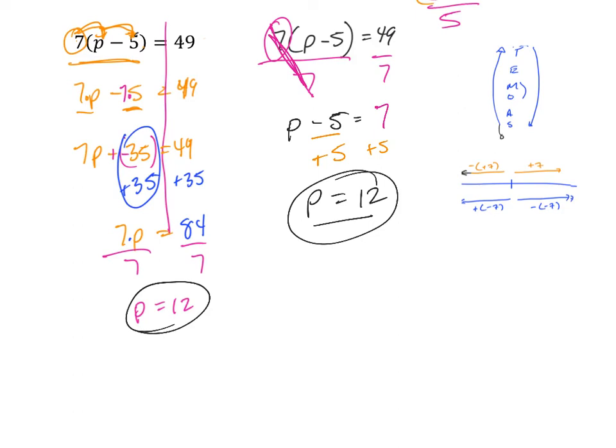So that's the gist of it. When we talk about these, the most common mistake is not understanding order of operations and not undoing it correctly. And the other is making simple mistakes with your integer operations.